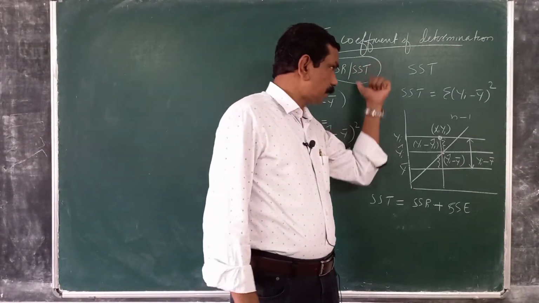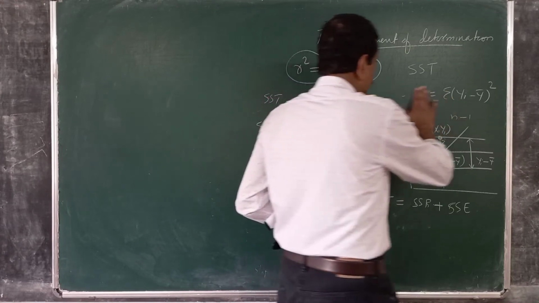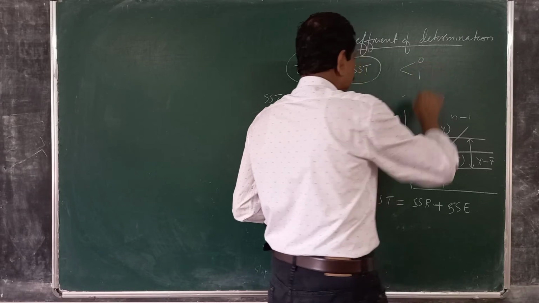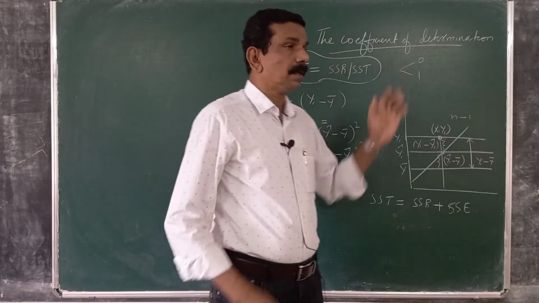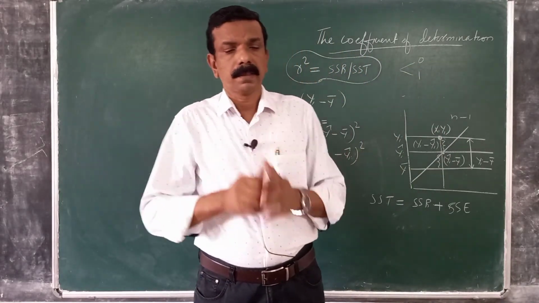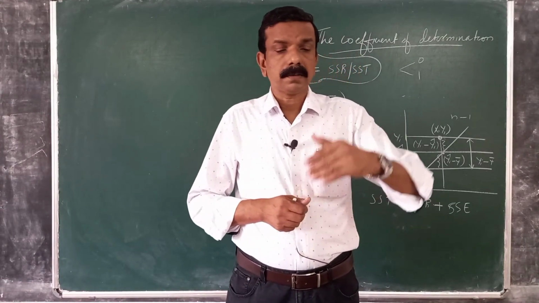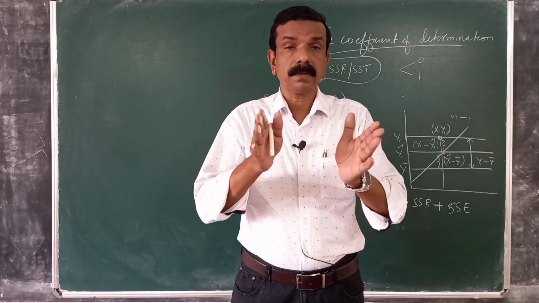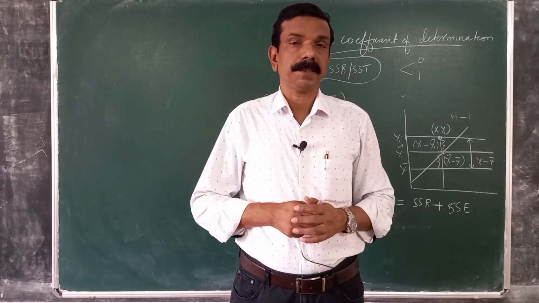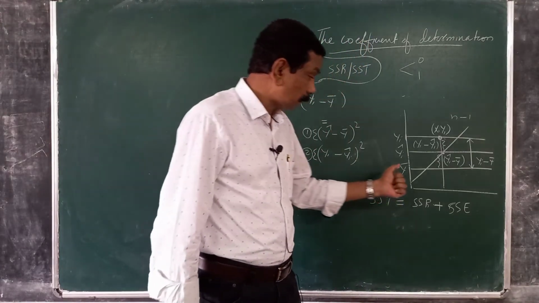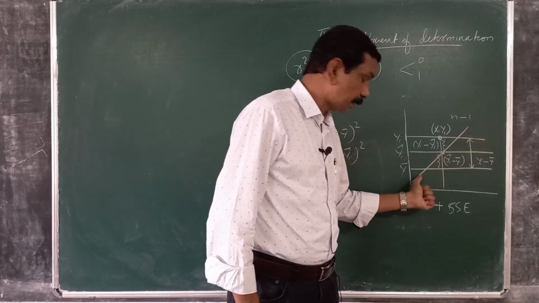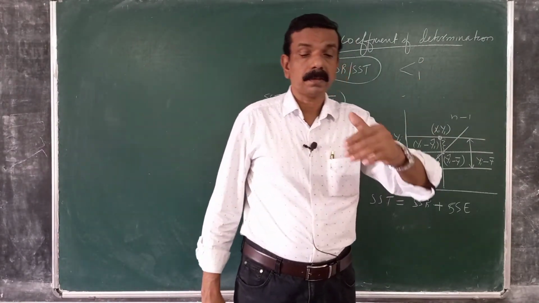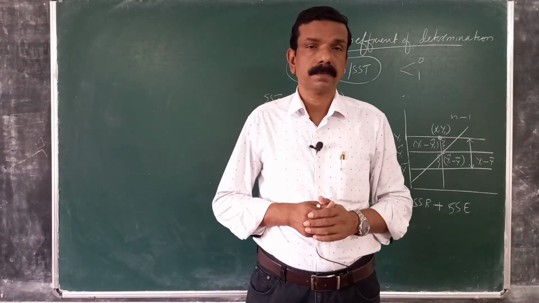Now, this is R square, and R square always lies between 0 and 1. That is the range of R square. R square equal to 1 means all the observations lie on the regression line, and the regression equation is quite useful for making predictions. R square equal to 0 means the regression line is not useful for making predictions.